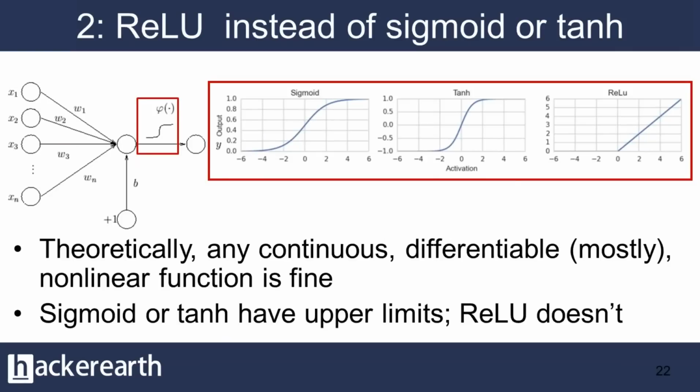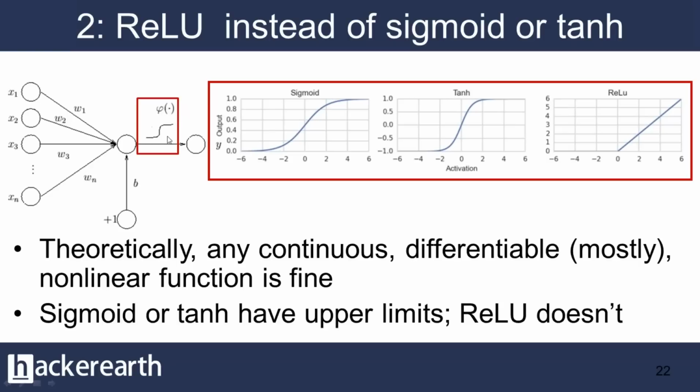The next innovation that is now used very heavily in convolutional neural networks is the change in the activation function. Remember when we were talking about these neurons, they took these inputs, multiplied with weights, added them up, added a bias term, a constant term, and then passed it through some function that in the previous slide was f.